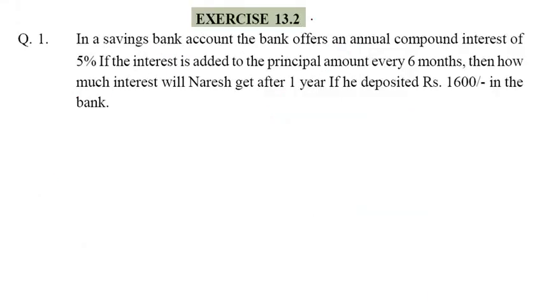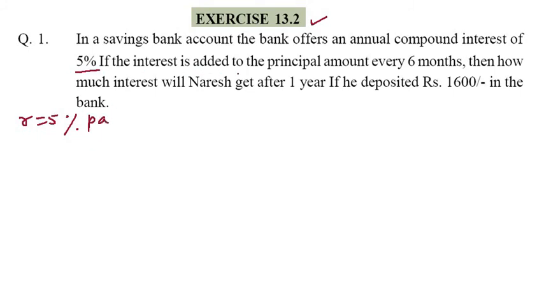Now come to the exercise 13.2. In a savings bank account, the bank offers an annual compound interest of 5%. So rate of interest is given as 5%. So you have to write 5% per annum.